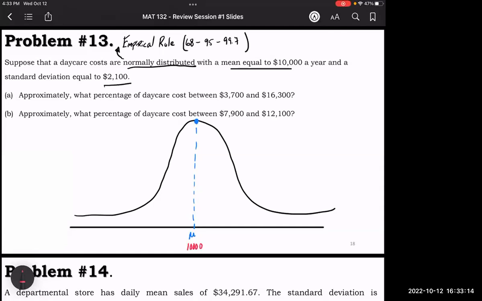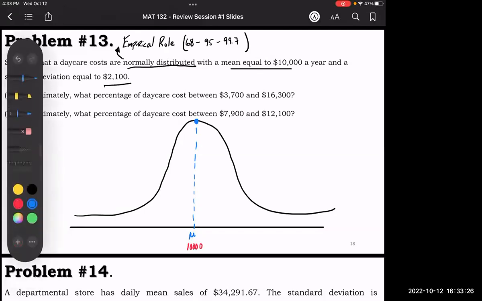Now, the dashed vertical lines that I'm drawing indicate when you're 1, 2, or 3 standard deviations below the mean. So let's say I drew another one somewhere here. If you take the mean minus the standard deviation, that implies that you're 1 standard deviation below the mean.